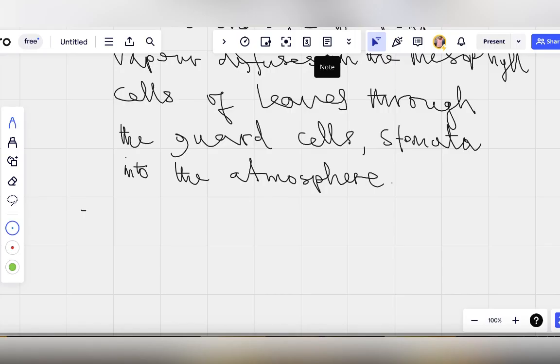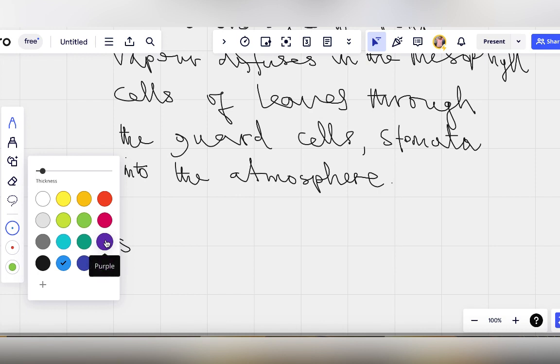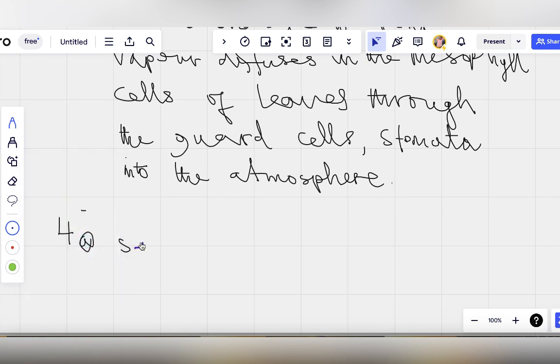So the answer to question 4A is sensory neuron. Let's change the color. Sensory neuron.